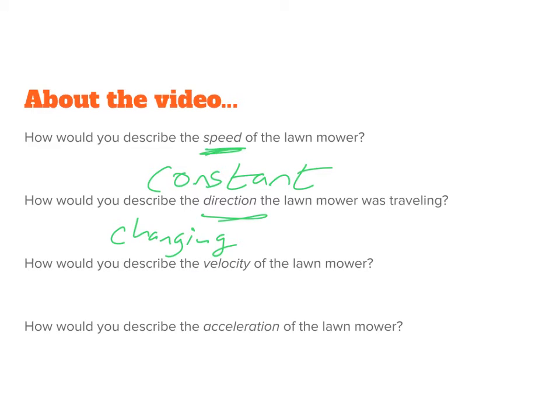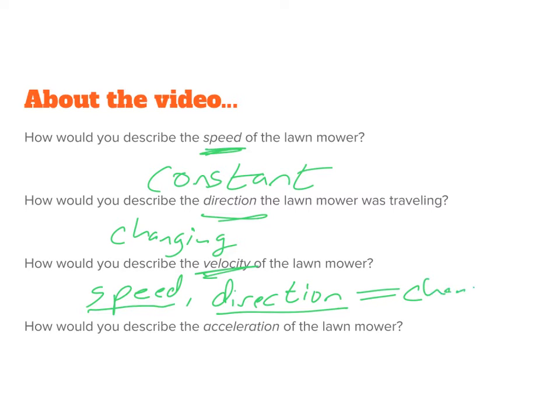Well, then the next question is, what about the velocity? If we recall from when we first learned about velocity, it's speed with direction. So if the speed is constant but the direction is changing, that means the velocity also has to be changing. Going back to what defines a change in velocity, that's the acceleration.